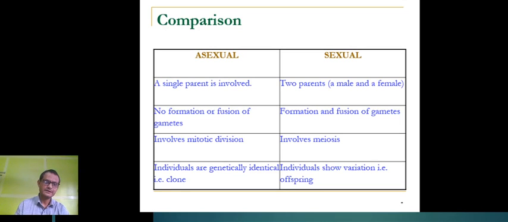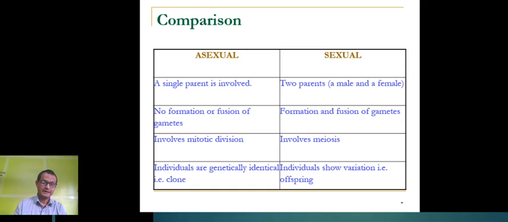You have learned in your 11th standard books about cell division. There are two basic cell divisions, mitosis and meiosis. Mitotic cell division, or mitosis, always occurs in vegetative cells or somatic cells, the body cells.